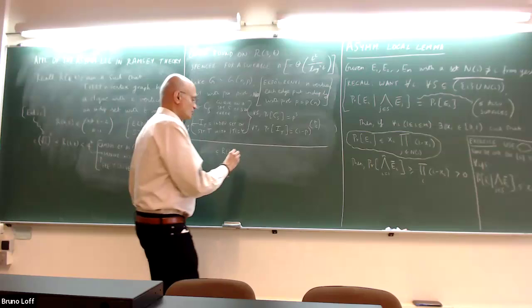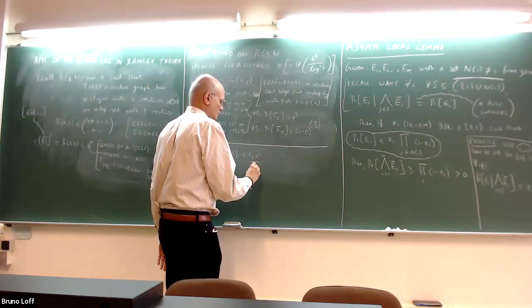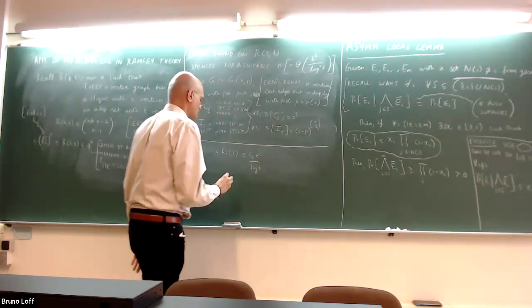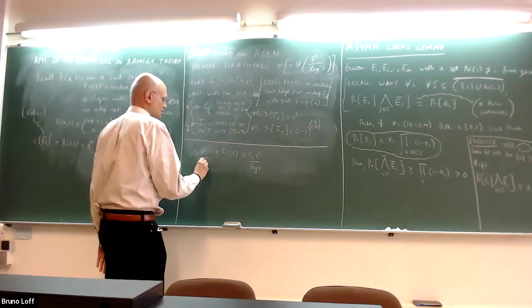Ah, very good. So this was known: T squared over log T was known, and then this gives you something like this.